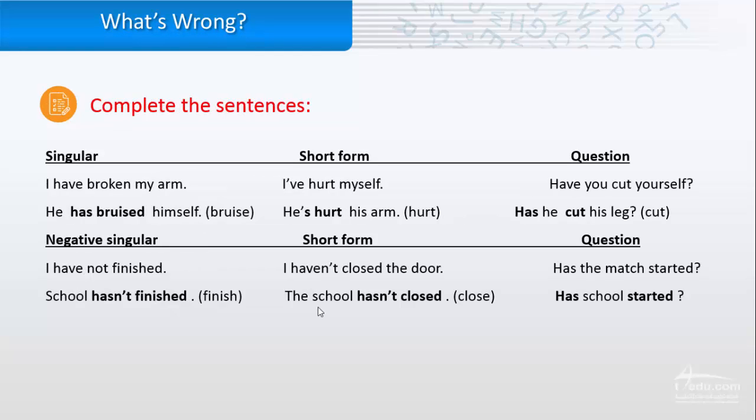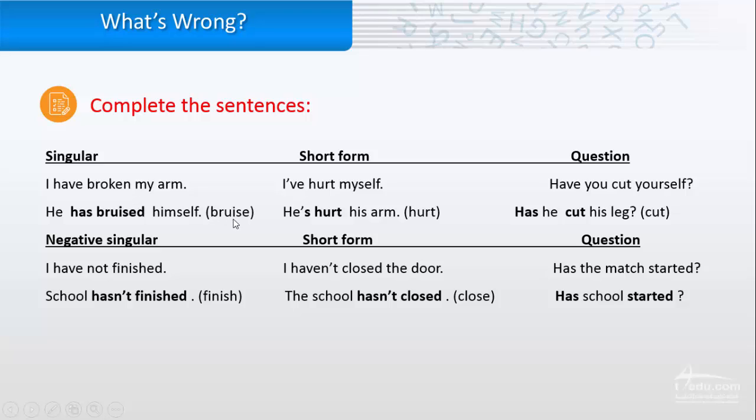Now I want you to complete the sentences. For example, singular, I have broken my arm. The short form, we shorten the have, it's going to say, I've hurt myself. The question, have you cut yourself? So in the question, we start with have or has according to the subject. He has bruised himself.